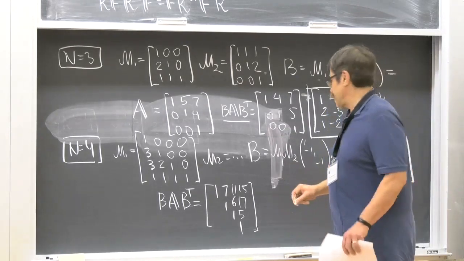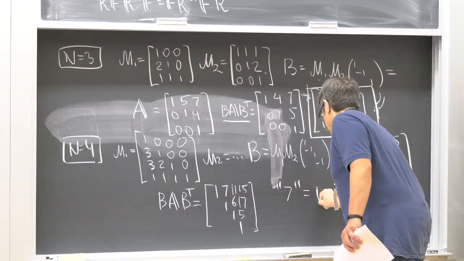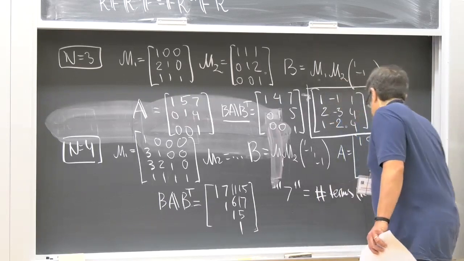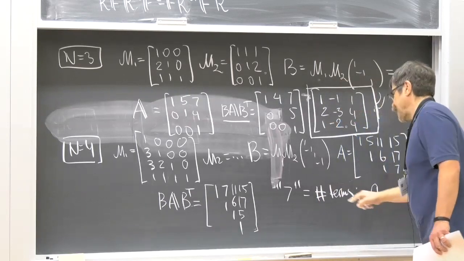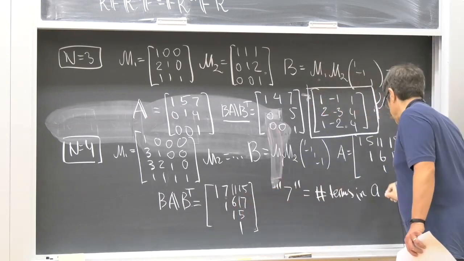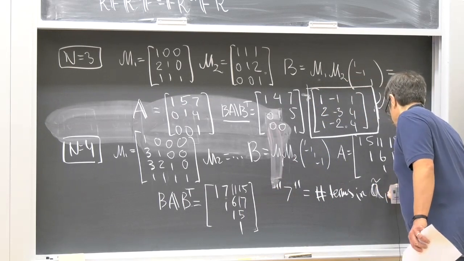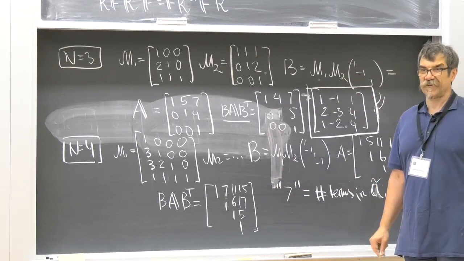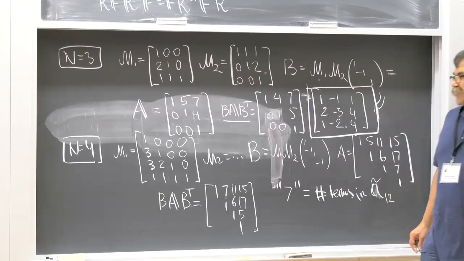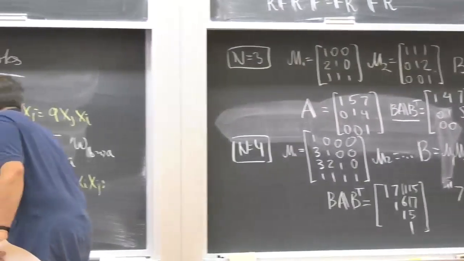The numbers are: 7 is the number of terms in the twiddle transformed A, in the corresponding matrix element 1, 2. Because all elements, you see, all elements are polynomials. So it's the sum of 7 terms, isn't it?